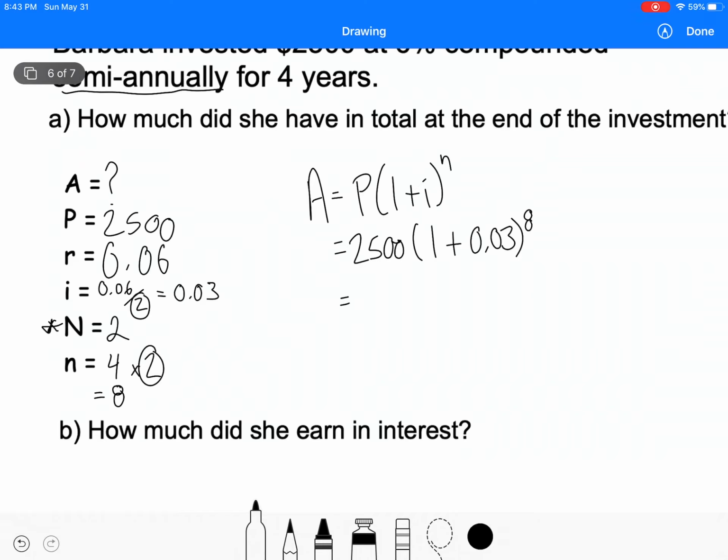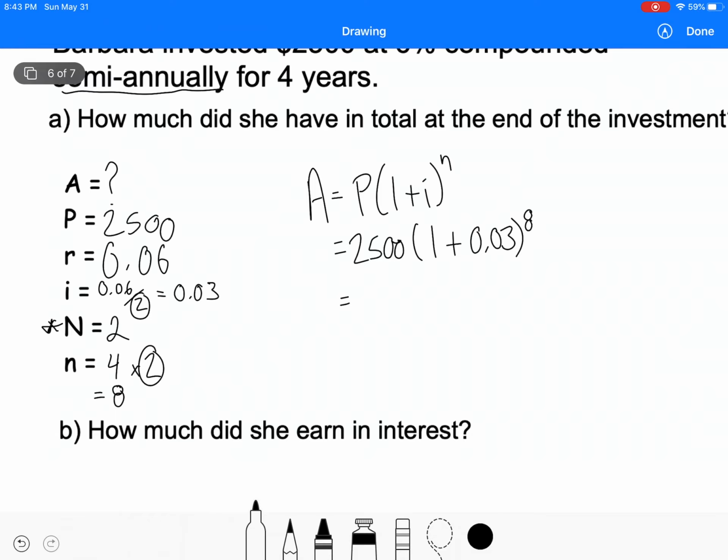And so now when we plug it in, I always like to do this backwards. So I didn't actually do the calculation on the last one because we knew the answer from the other question. So I would do 1 plus 0.03. I would get 1.03. Then I would do it to the exponent 8 on my calculator, which is that little X to the Y button or Y to the X or the little hat.